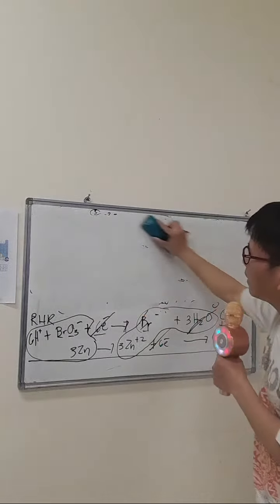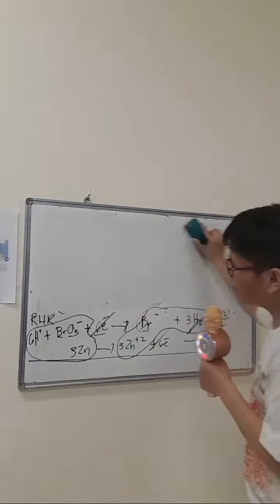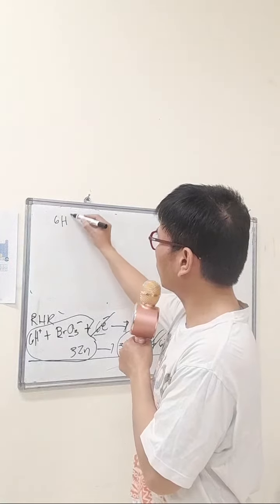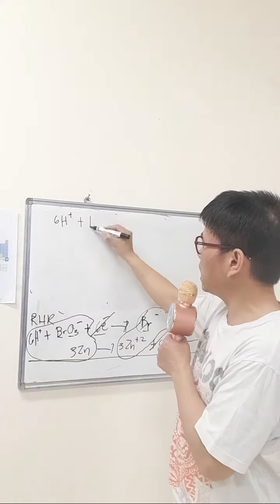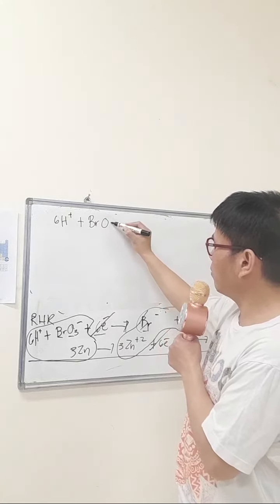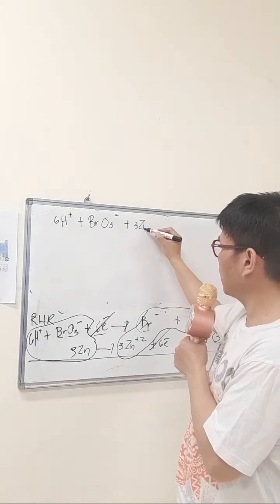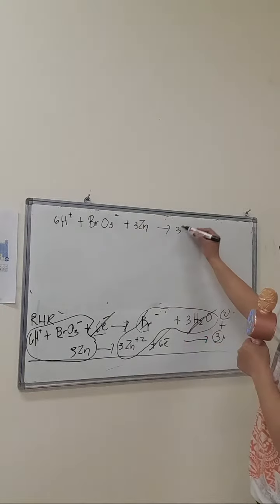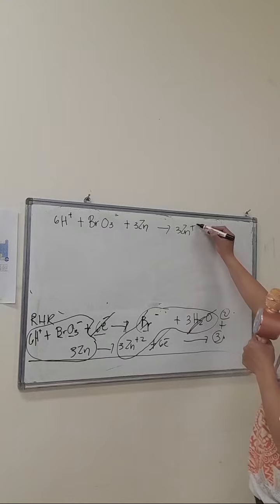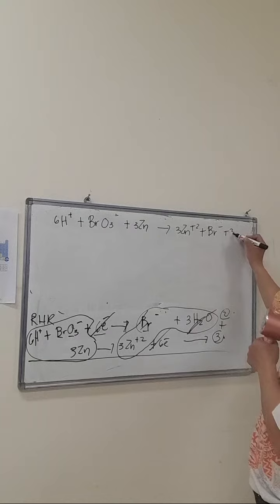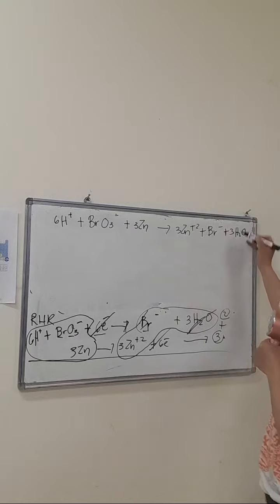Basic solution, guys. So we have here 6H positive plus bromate, and then plus 3 zinc is equals to 3 zinc positive 2 plus bromide plus 3 moles of water.